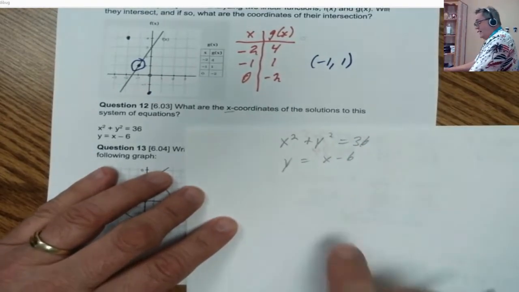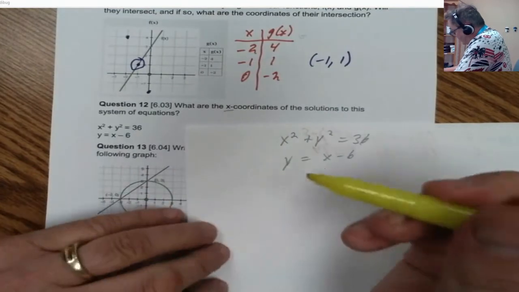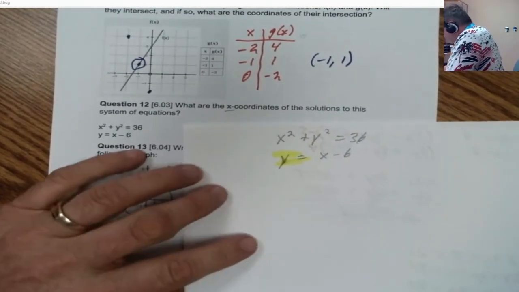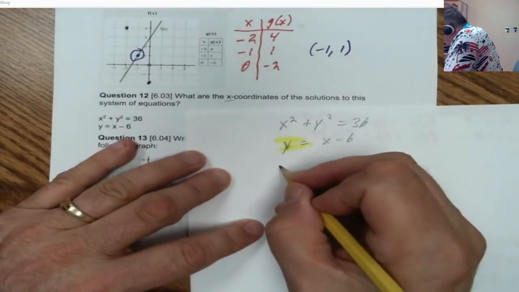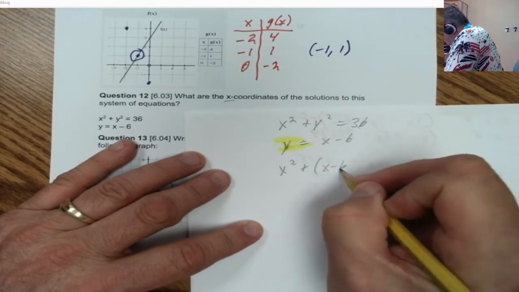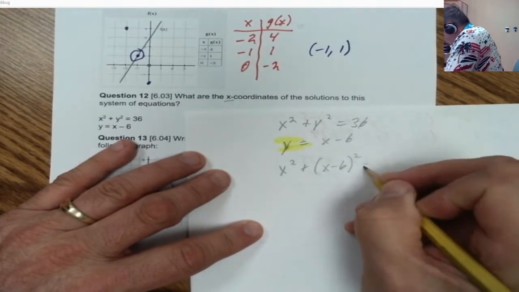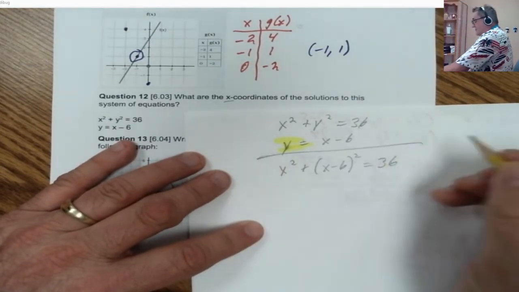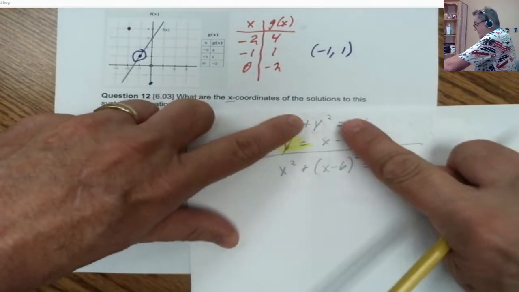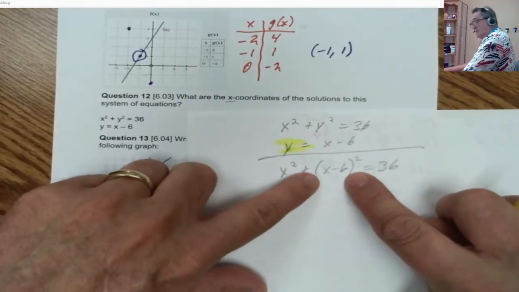Since one of our equations is already y equals, substitution is probably our best choice. So let's go x squared plus, and we'll substitute x minus 6 for the y. I took this y, x minus 6, and substituted it right there. So we got x minus 6 squared.